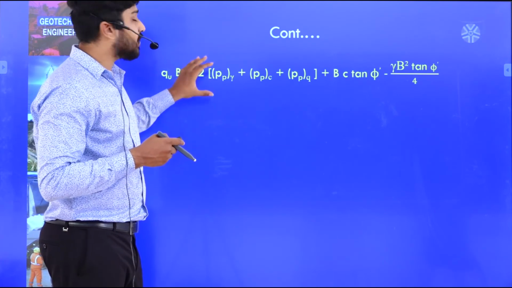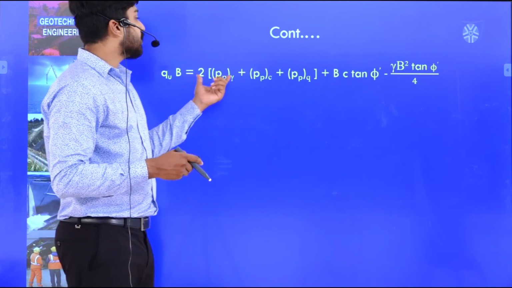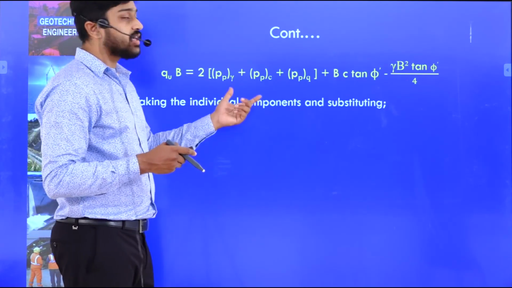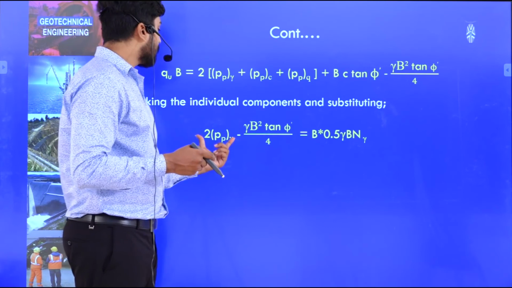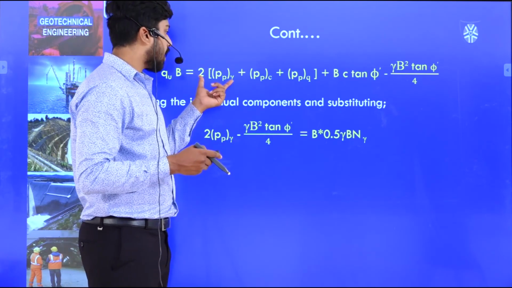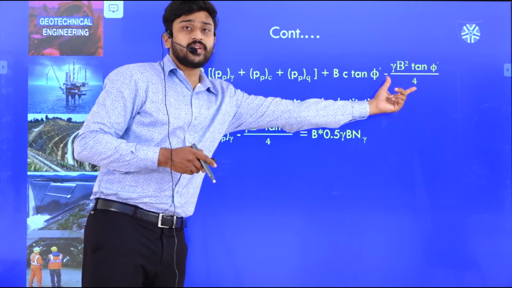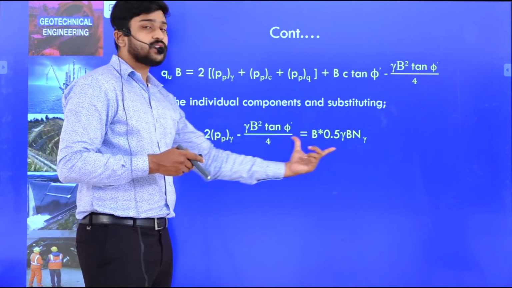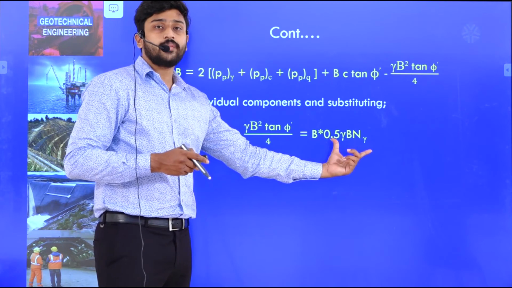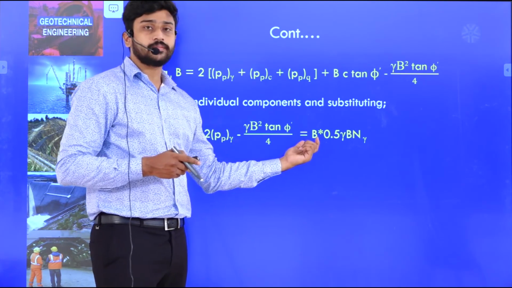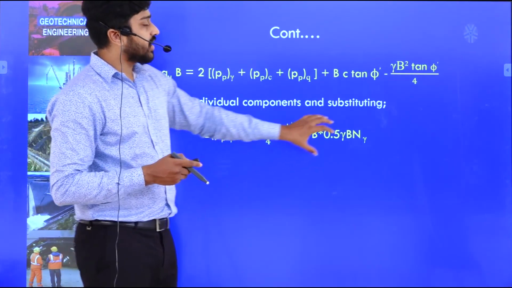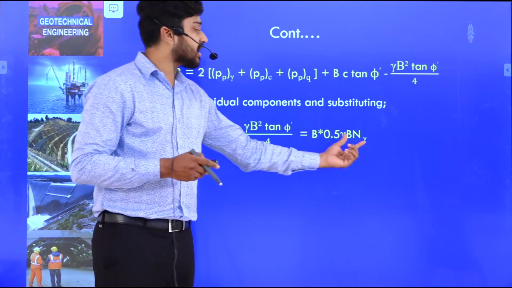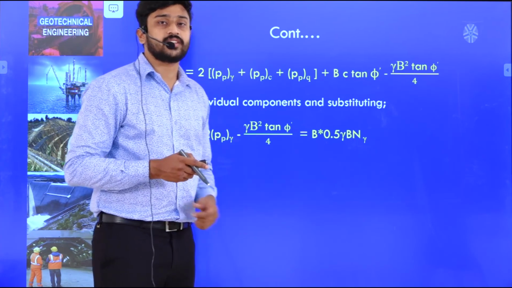He replaced the soil terms, that is 2 Pp gamma as well as the other soil term gamma B square by 4 tan phi dash, with 0.5 gamma B N gamma into B, where N gamma is a bearing capacity factor.